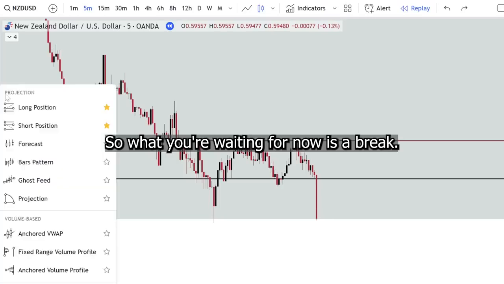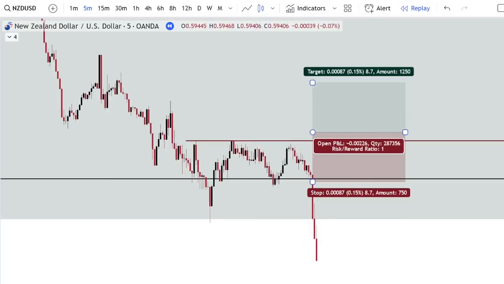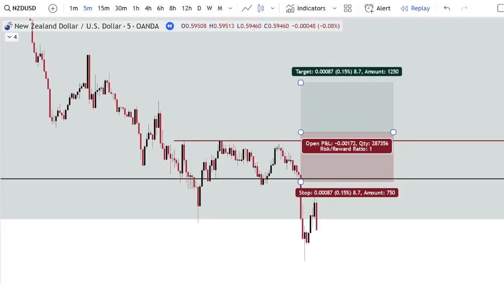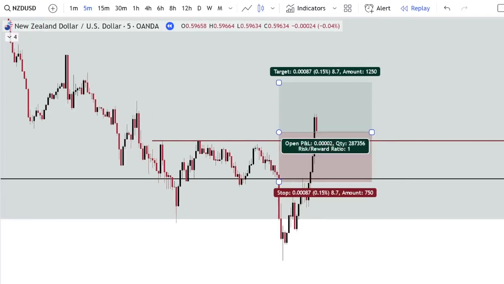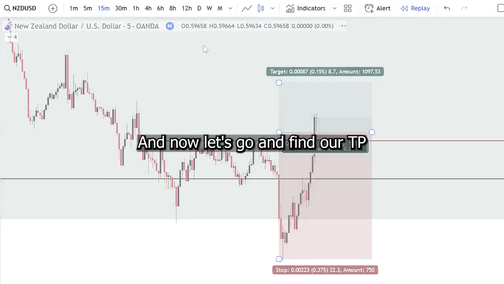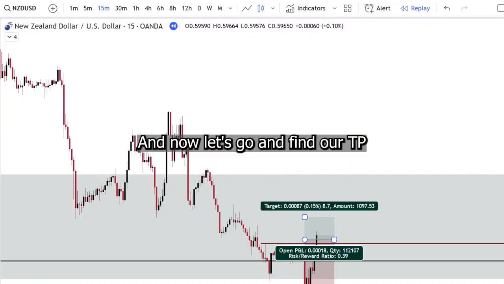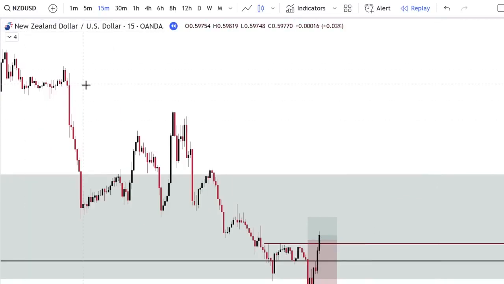So what you're waiting for now is a break. Let's see whatever swing low is made. Okay, so this is your stop loss. And now let's go and find our TP. So your TP could be your macro swing.